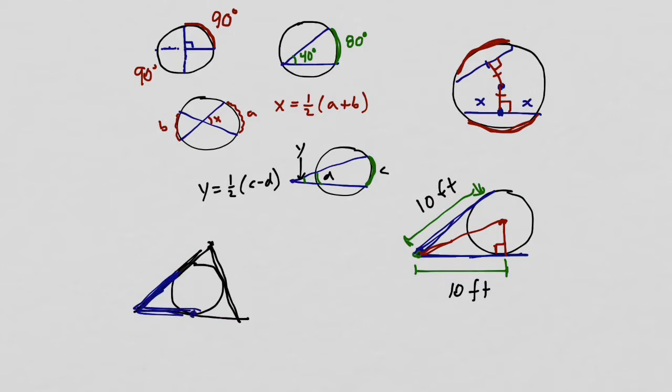So these two parts of the sides of the polygon would have to be the same length, and similarly these two would be the same length, and these two. So the distances from the point of tangency to the corners of the polygon very much relates to the perimeter of the polygon.